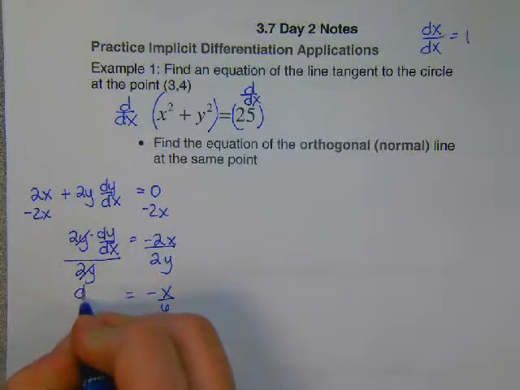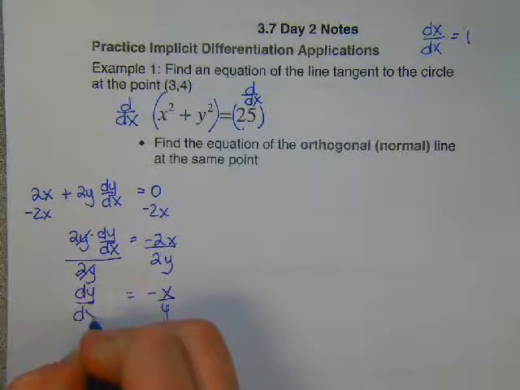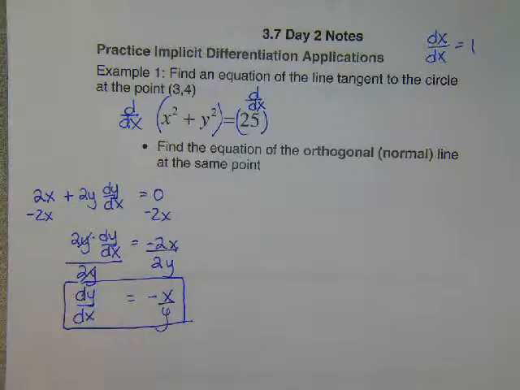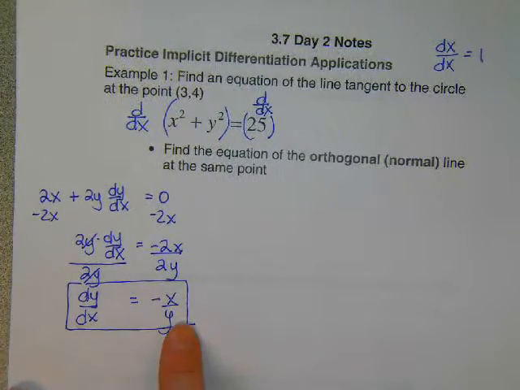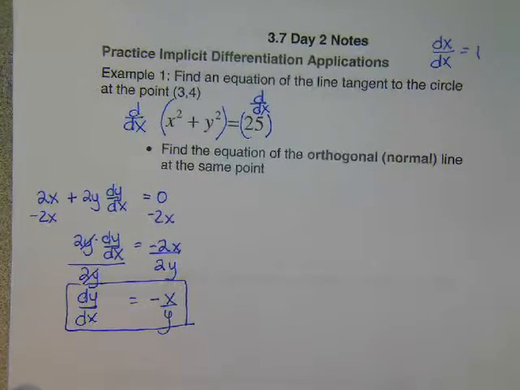And what this is, is dy dx, so this is going to still give us the slope for a tangent line. Now that we have an x and a y, before we would just have an x value to give us the slope.